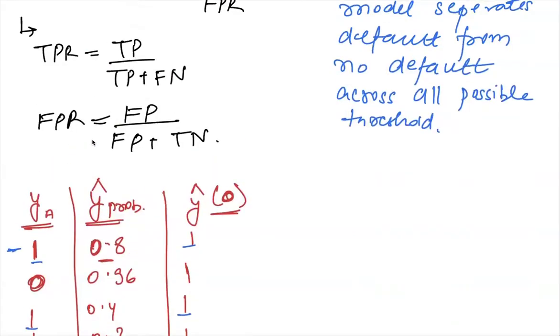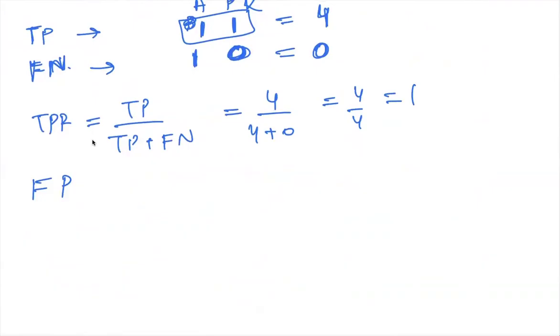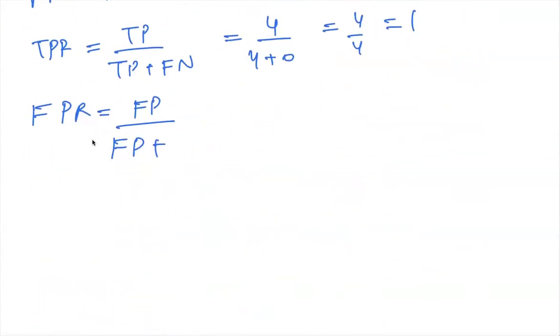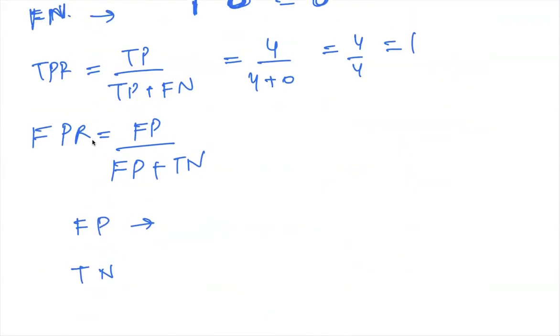So we have calculated our true positive rate. Let's calculate false positive rate. False positive rate is false positive by false positive plus true negative, right? So tell me one thing, what is a false positive and what is a true negative? A false positive means prediction is positive, which means default, and in reality there was no default.